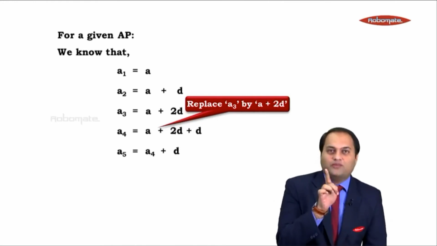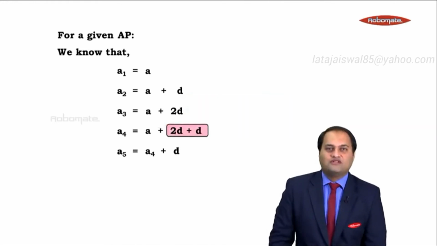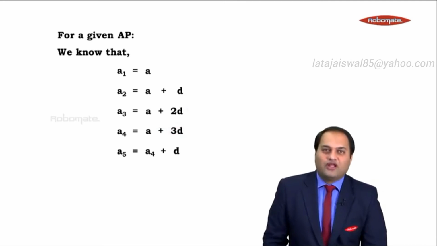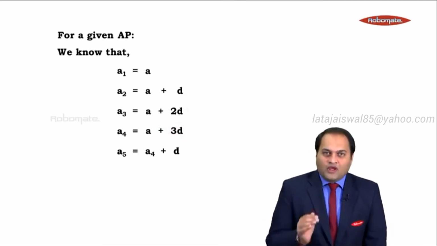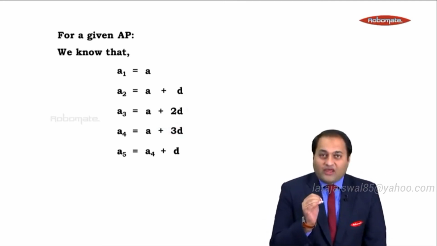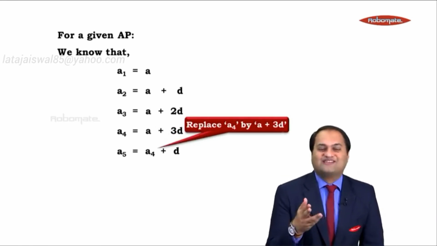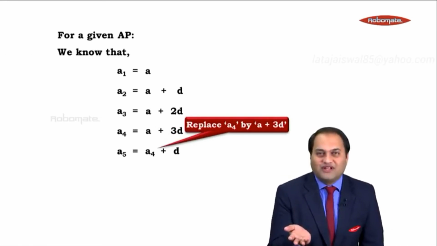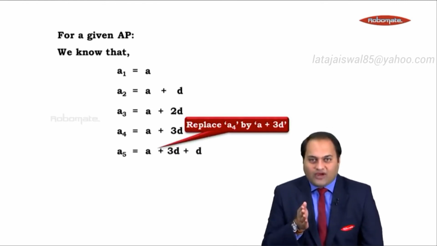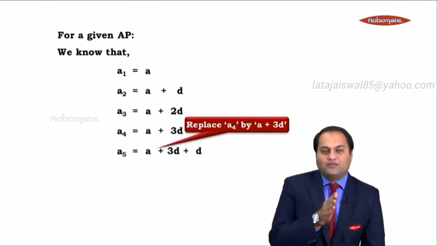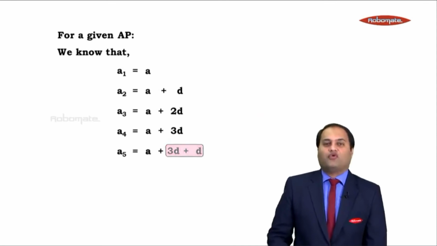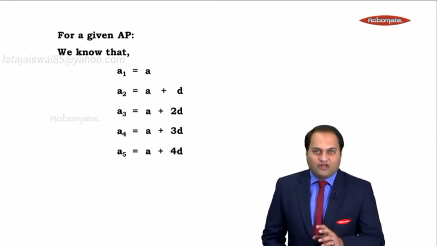A plus 2D plus D. 2D plus D is nothing but 3D. So you get A plus 3D. Coming to the next, A5 is equal to A4 plus D. But what is A4? It is nothing but A plus 3D. So you write A5 is equal to A plus 3D plus D. That's A plus 4D. Is this concept very, very clear?